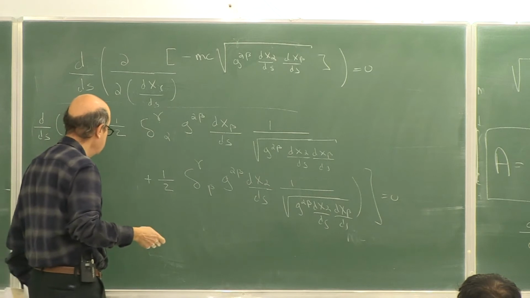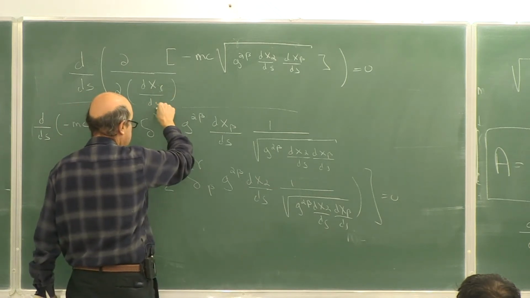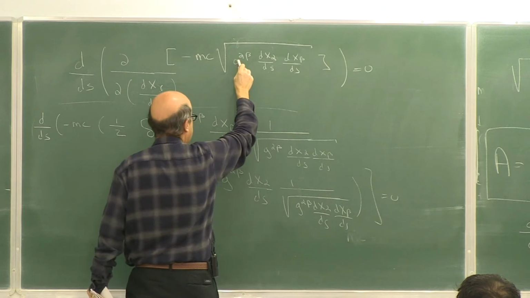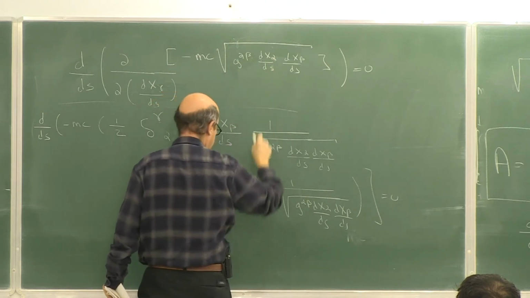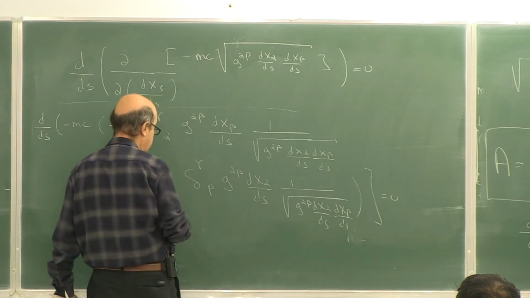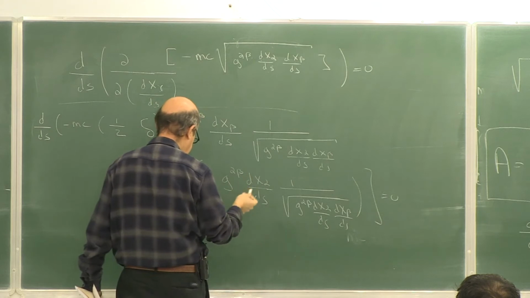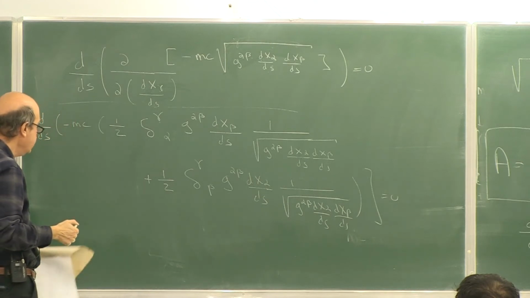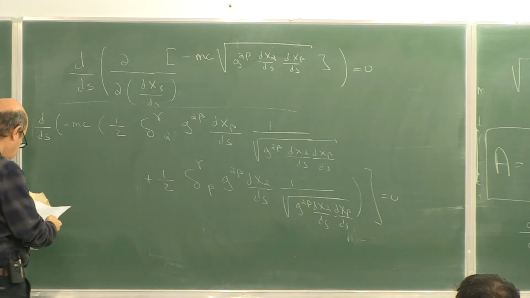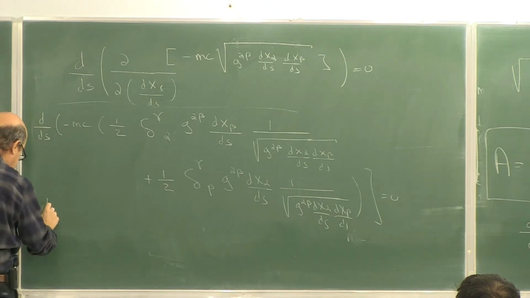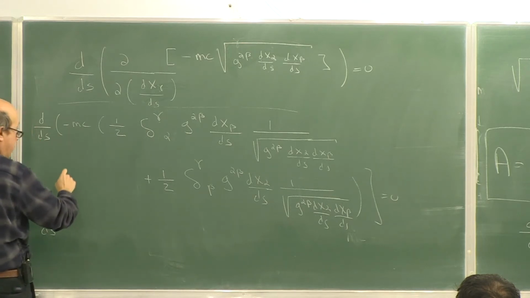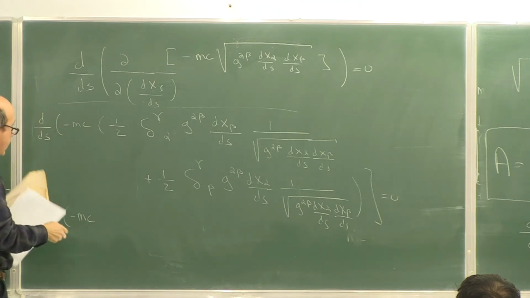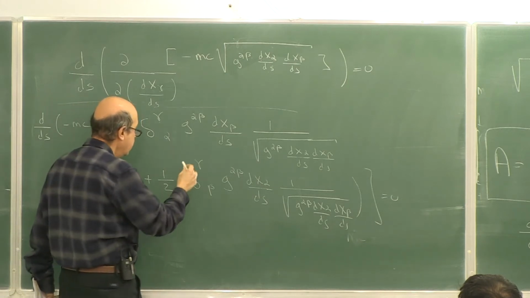So let us do it again. If you take the derivative with respect to dx alpha over ds of this term, then the leftover coefficients are g alpha beta dx alpha over ds. From the derivative you have 1 over 2. When alpha is not equal to beta, that is equal to 0, otherwise you will have the free index alpha. So basically this calculation is the following: d over ds of minus mc. Let us contract and see the free indices again.